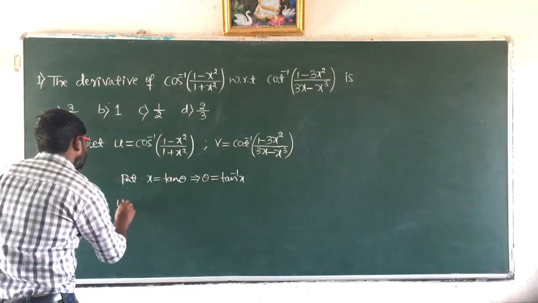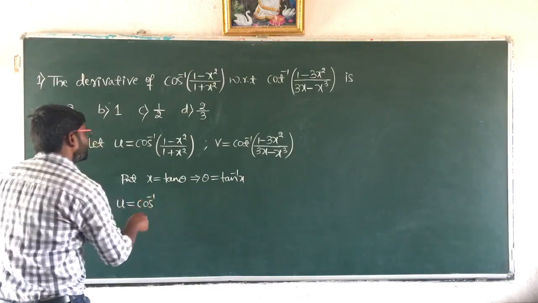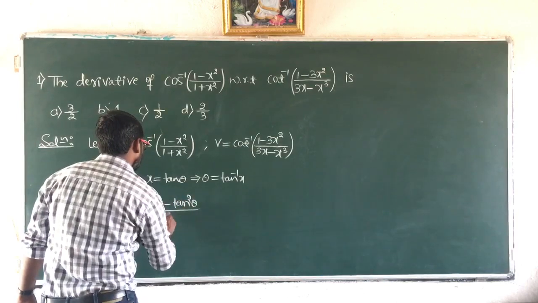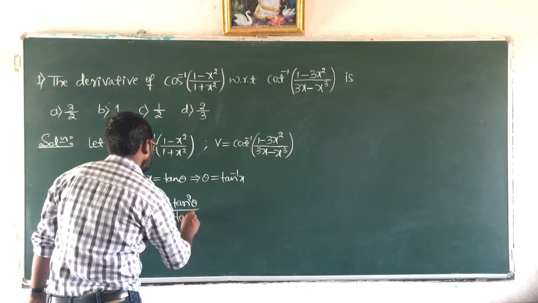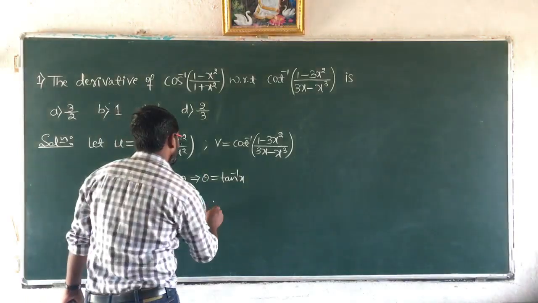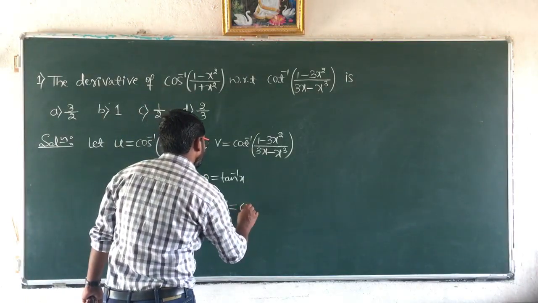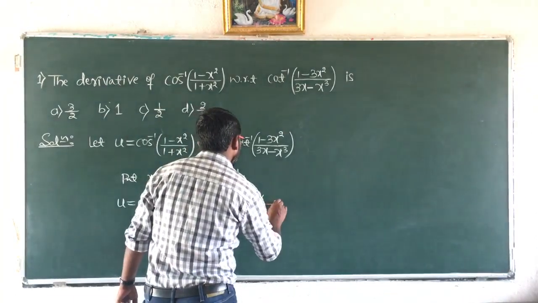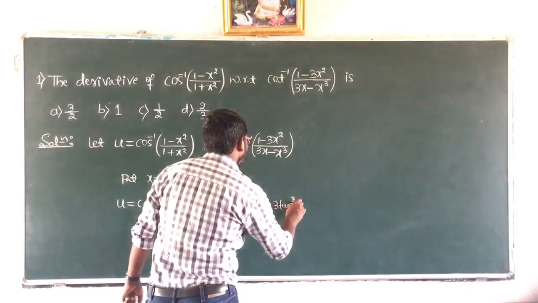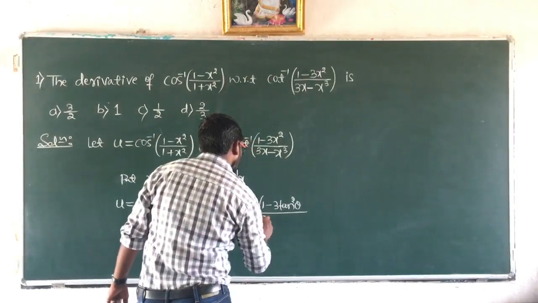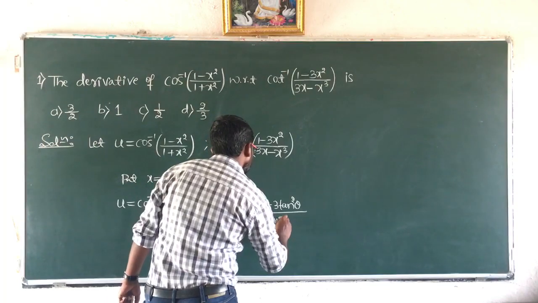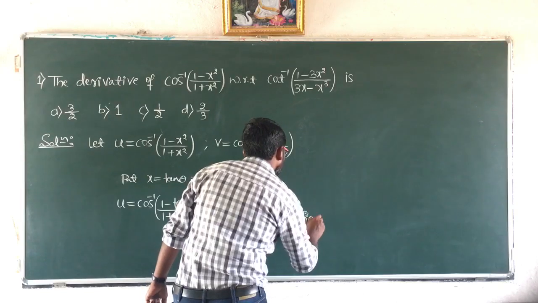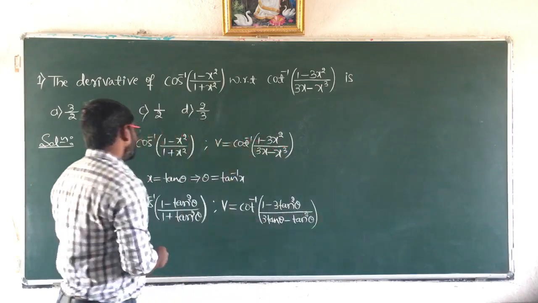U is equal to cos inverse of (1 minus tan square theta) divided by (1 plus tan square theta), and then rewrite the function v: cot inverse of (1 minus 3 tan square theta) divided by (3 tan theta minus tan cube theta).